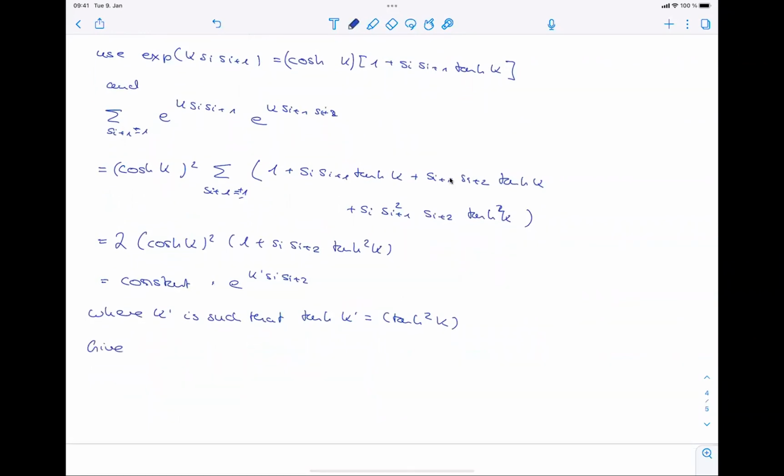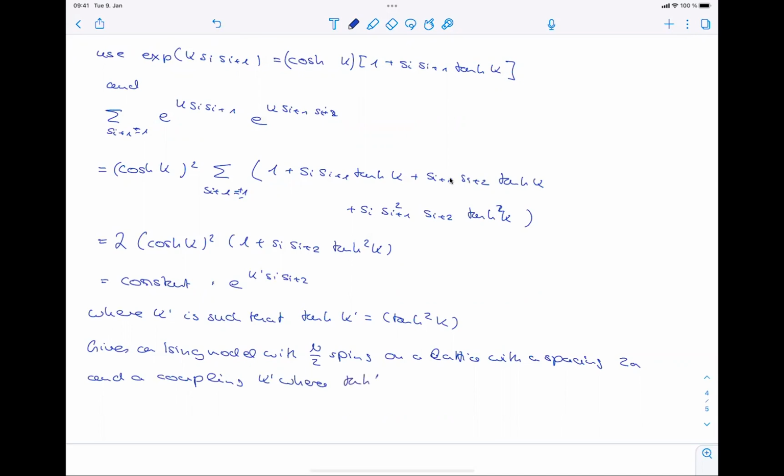So this gives an Ising model with now just n over 2 spins on a lattice, where I go from i to i plus 2, so with a spacing of 2a and a coupling k prime, where tanh k prime is tanh squared k.